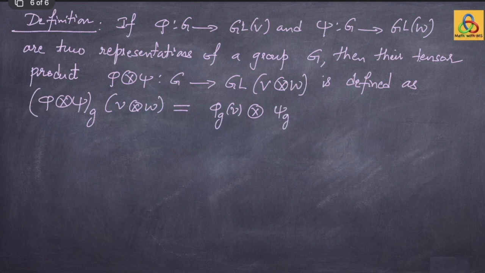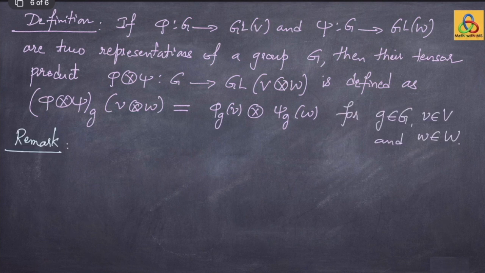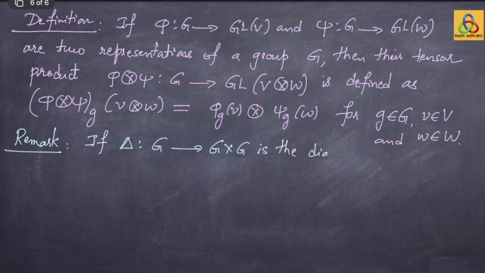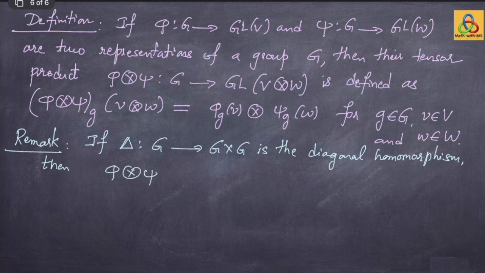Notice that this is the same definition. So basically, instead of a pair (g, h), I am taking the same group element. So you can think of it as a pair (g, g). Let us put it as a remark. If delta from G to G cross G is the diagonal homomorphism which takes an element little g to the pair (g, g), then phi tensor psi is simply obtained by considering this diagonal homomorphism delta and composing it with the exterior tensor product of phi and psi.